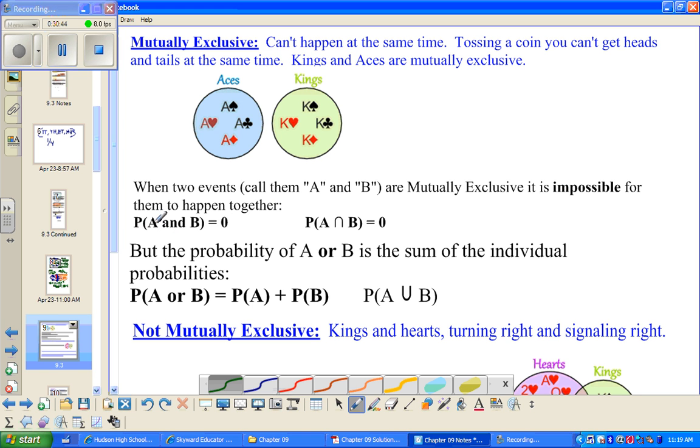So the probability of A and B happening together is 0. That's the upside down U. Make sure you make note of that. But the probability of A or B is the sum of the individual probabilities. And when you use that OR symbol, that's the regular looking U. So make note of that.